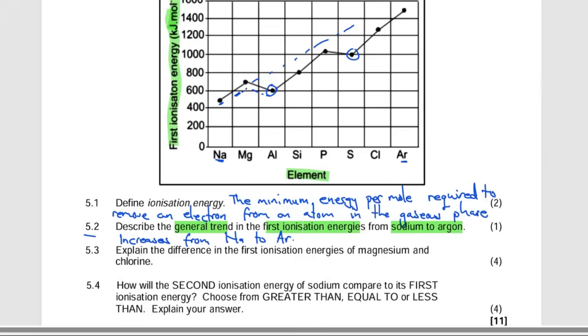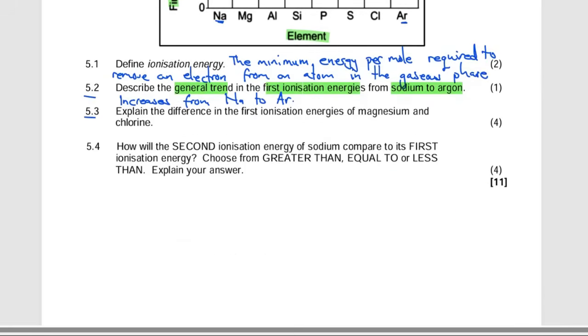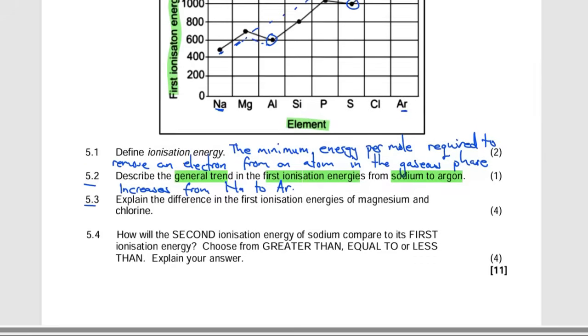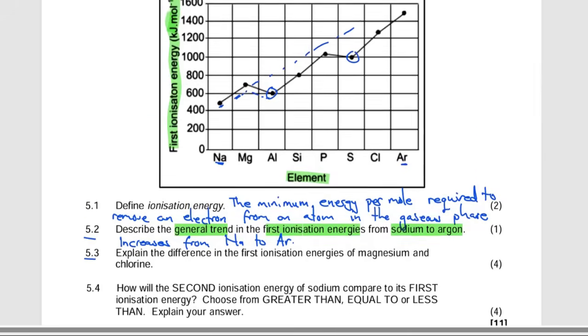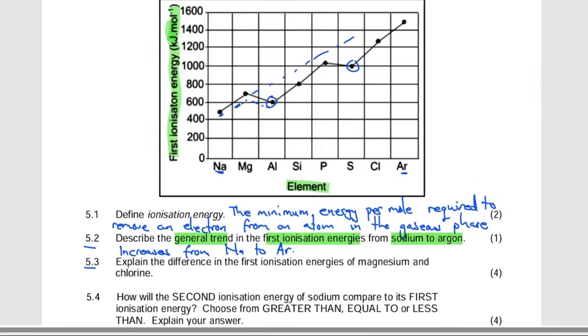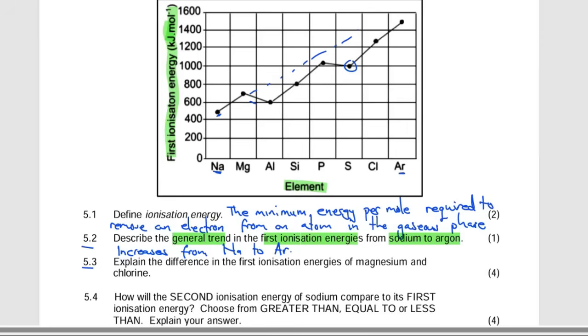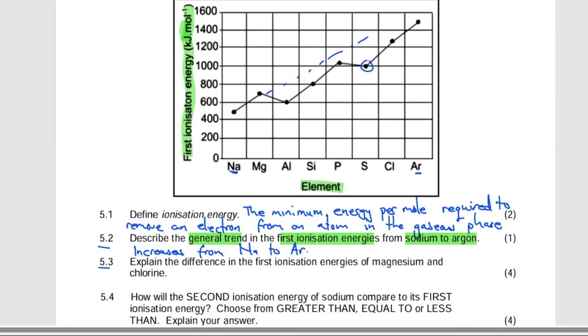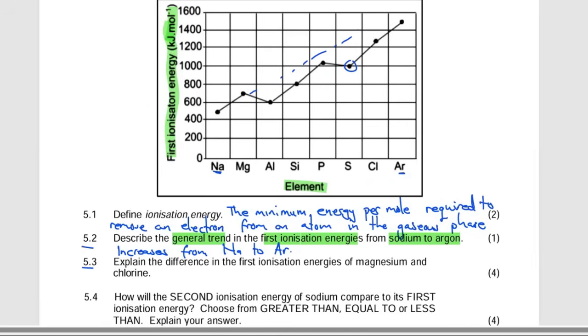Then 5.3 asks us to explain the differences in the first ionization energy of magnesium and chlorine, right? So now let's look at the first ionization energies of magnesium and chlorine.